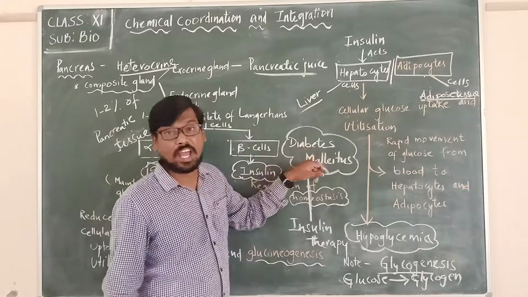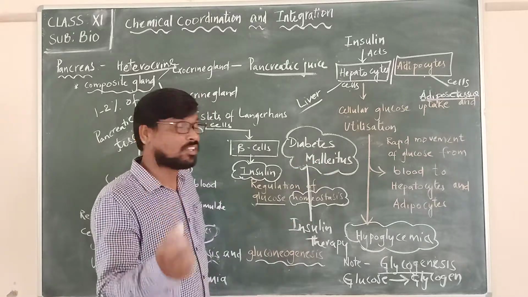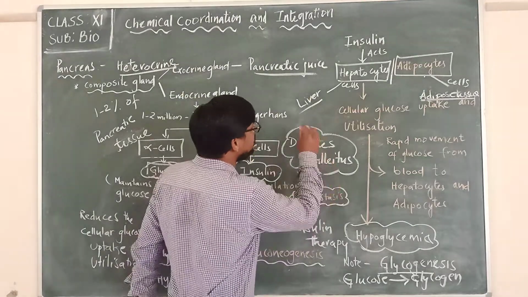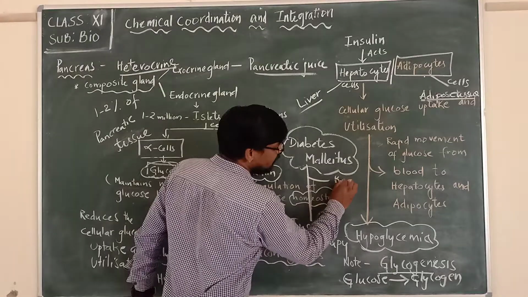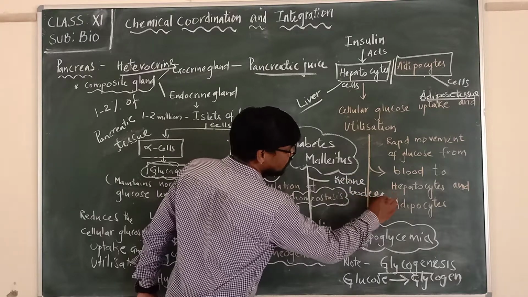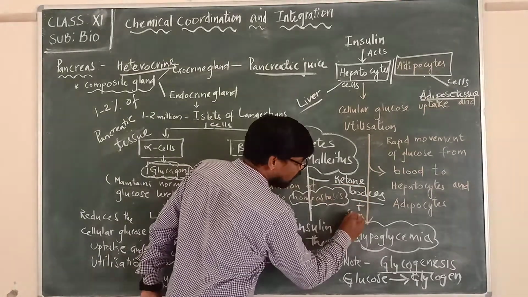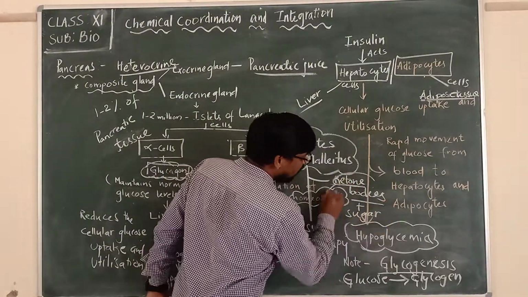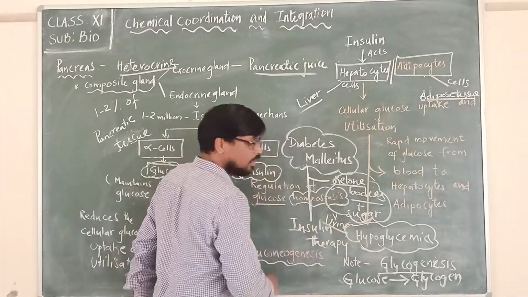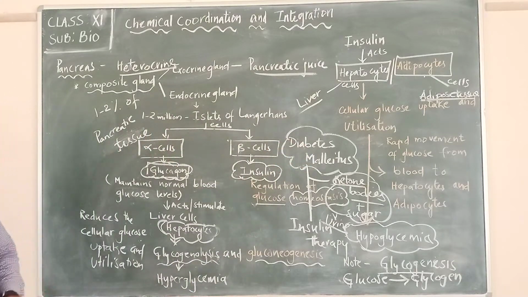And not only that, there are also other toxic substances released through the urine, called the ketone bodies. So ketone bodies plus sugar will be lost through the urine in the case of a person suffering with the disease called diabetes mellitus.